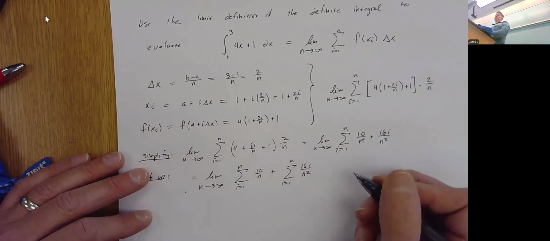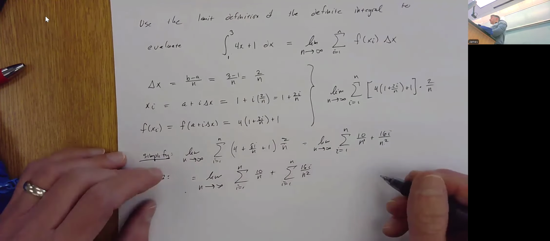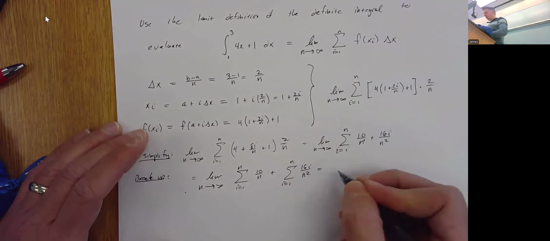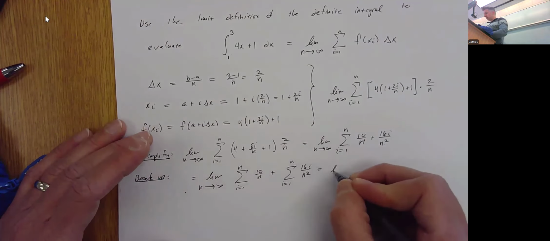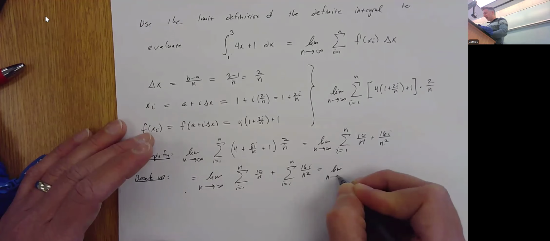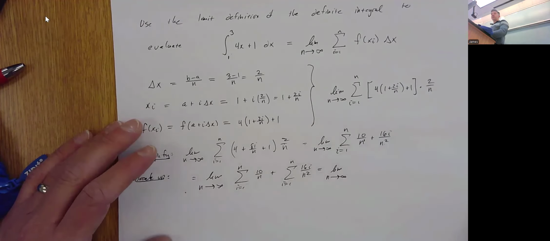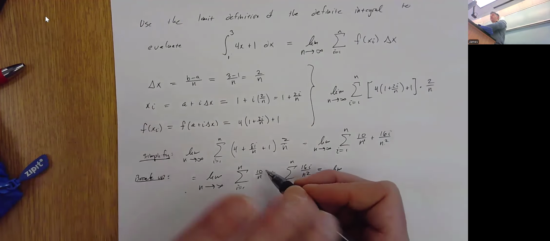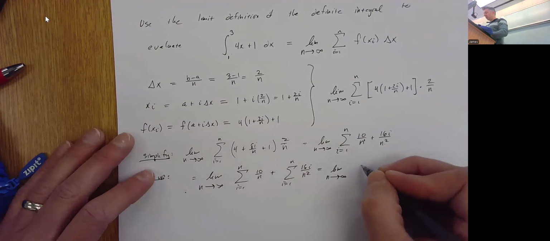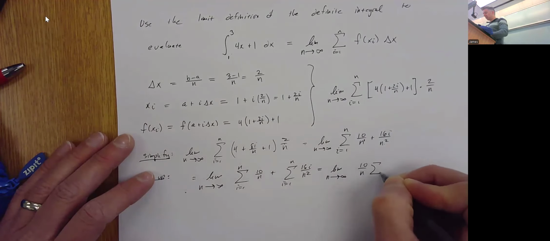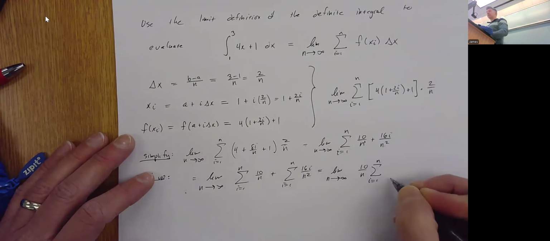And I feel like we could have probably done this step and the next step in one step. We're going to break it up and then we're going to pull out the constants. So anything that isn't an i gets to come out in front. So this whole 10 over n we're going to factor out in front, leaving behind what? What stays inside the sum? 1.